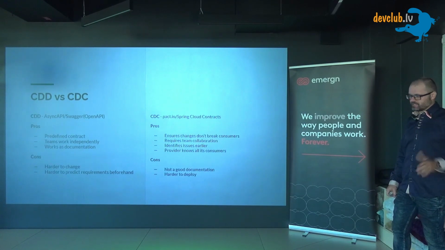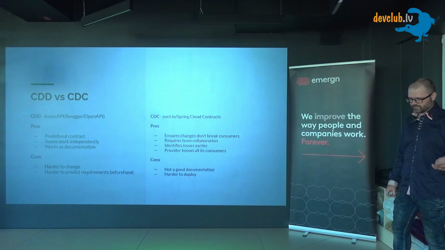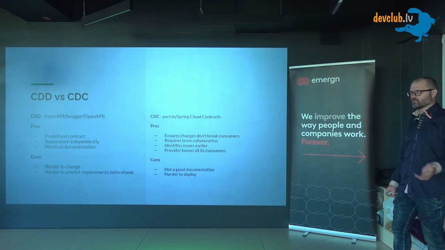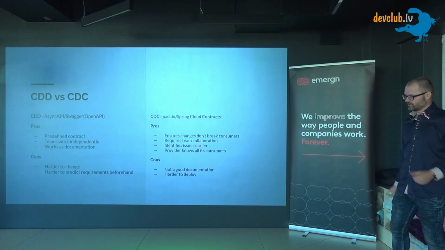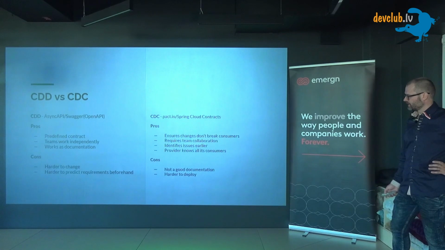And vice versa. If some changes in a main application breaks our contract, they won't be able to deploy their application, so they will come to us and ask what's broken, and we will have to collaborate and see how to improve, how to fix the issue.